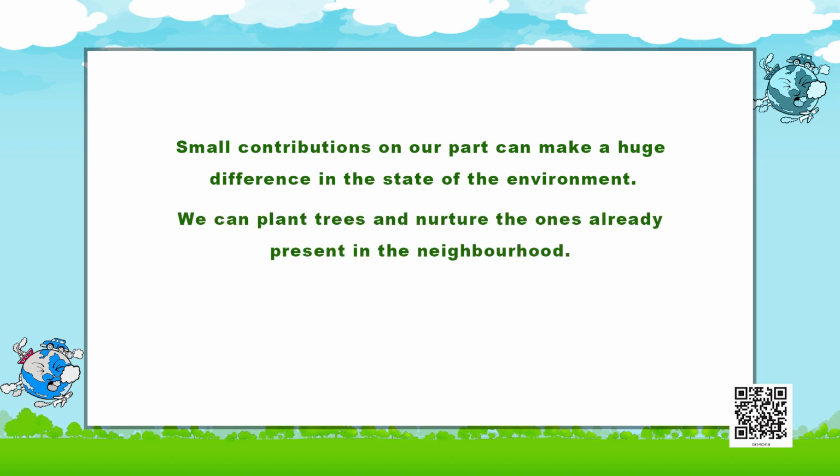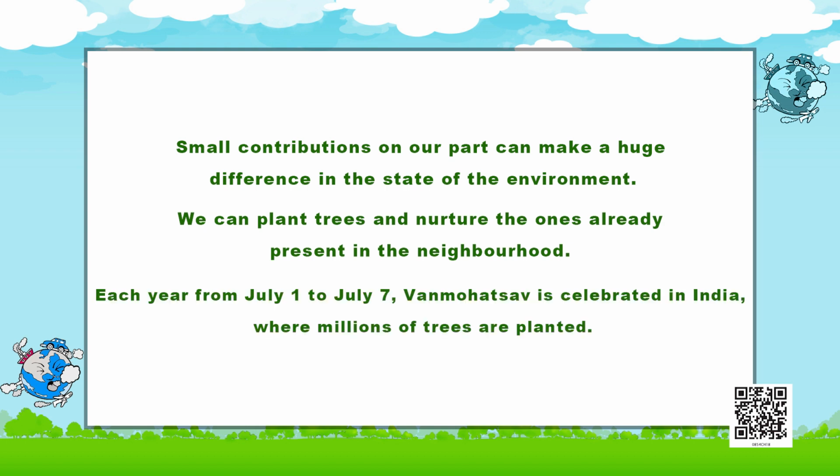We can plant trees and nurture the ones already present in the neighborhood. Each year from July 1 to July 7, Van Mahotsav is celebrated in India, where millions of trees are planted. Our government is making lots of efforts to make people shift to cleaner energy resources and is trying to provide and bring in innovations to provide cleaner energy to the people of India.